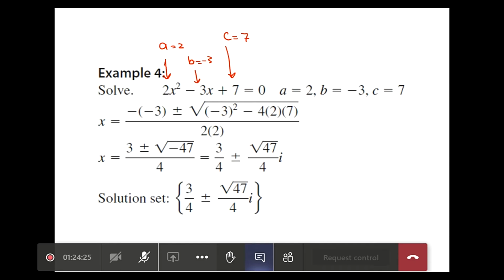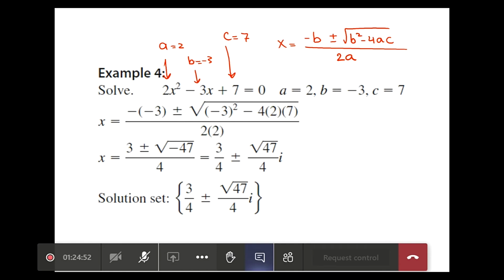So put it, x equal what? Minus b over, this is the quadratic formula, plus or minus radical b squared minus 4ac over 2a. So replace a by 2, replace b by -3, replace c by 7.